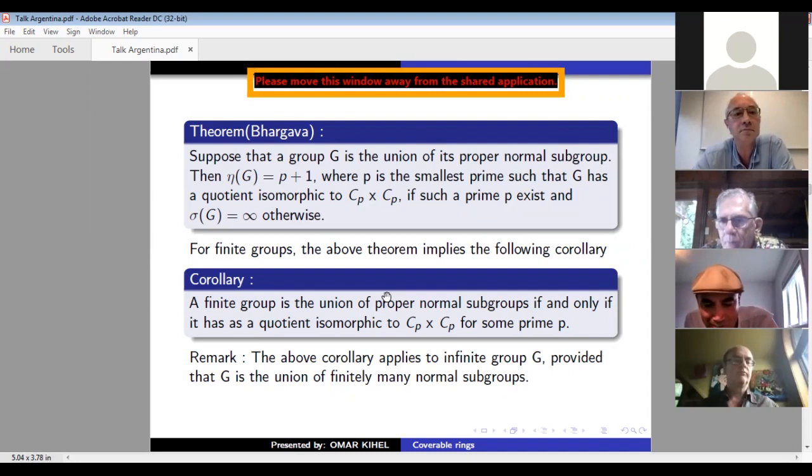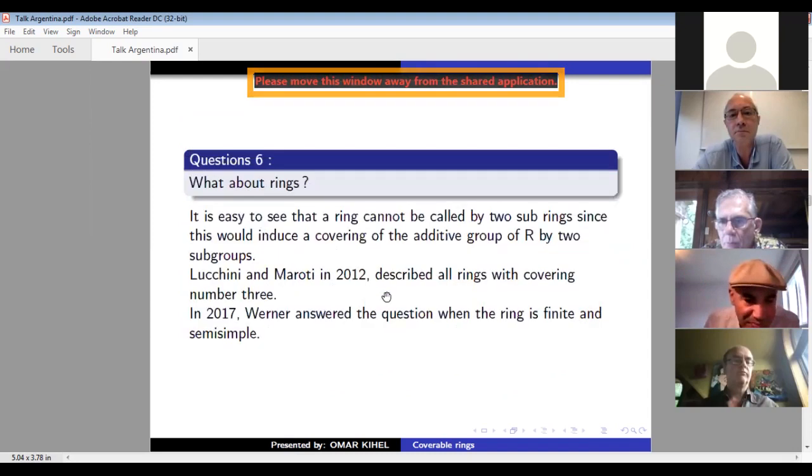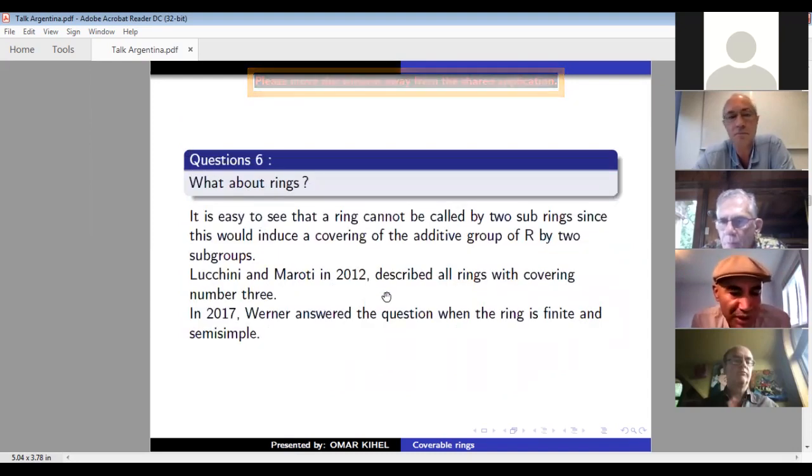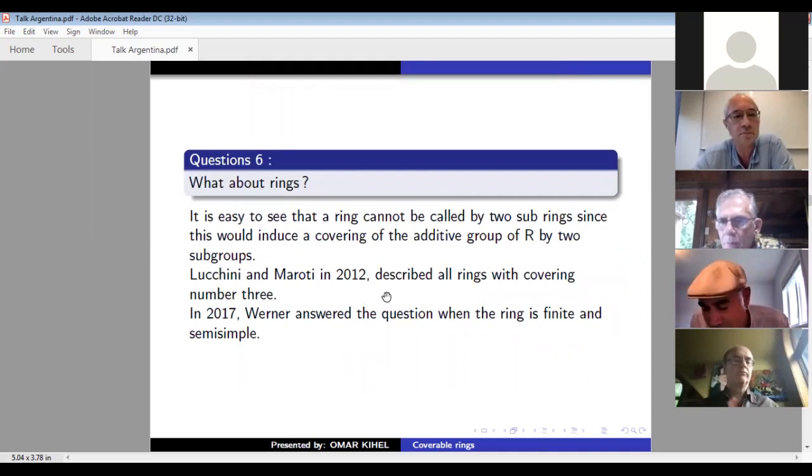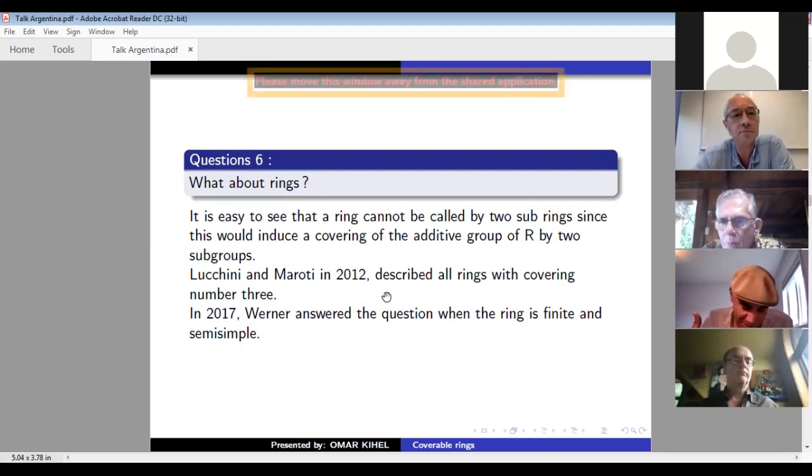This corollary still applies for infinite groups if we know that G is a union of finitely many normal subgroups. Okay, so I think this is a nice result. Now, what about rings? Of course, we know that if you have a ring R, to have the same idea, is it possible to write it as a union of proper subrings?